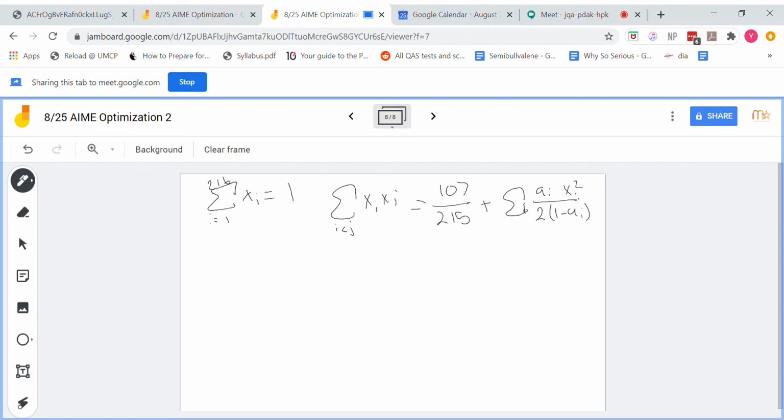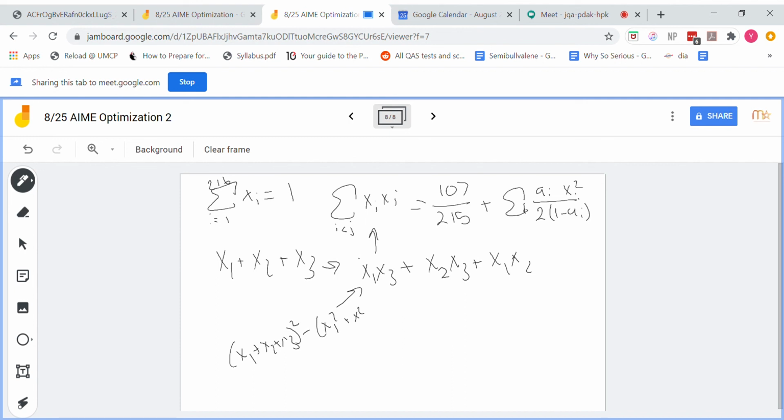First thing to notice is, how do we get this product? If you look at x1 plus x2 plus x3, or if we just set, instead of 216, it's 3, the sum equals x2, x3, plus x1, x3, plus x1, x2. And how do we usually get this? This equals x1 plus x2 plus x3 squared minus x1 squared plus x2 squared plus x3 squared, over 2.